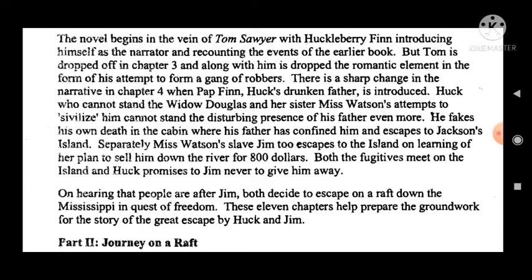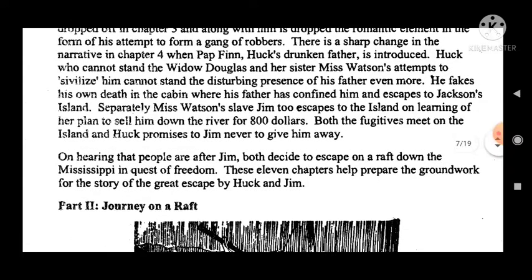He fakes his own death in the cabin where his father has confined him and escapes to Jackson's Island. Separately, Miss Watson's slave Jim too escapes to the island on learning of her plan to sell him down the river for $800. But the fugitives meet on the island, and Huck promises Jim never to give him away.